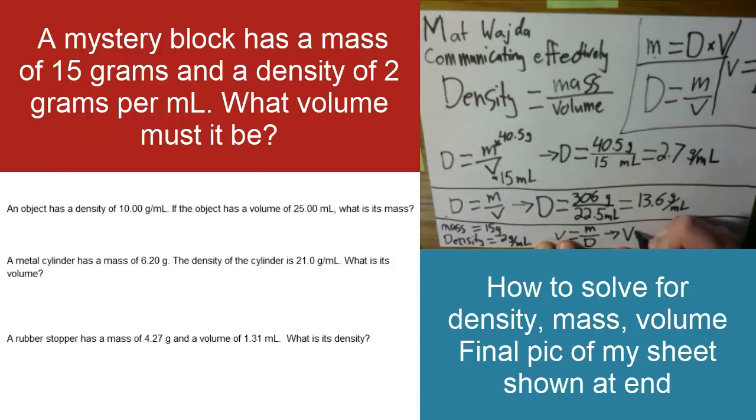So we have V equals 15 grams divided by the density. Density is 2 grams per milliliter. And this would give us 7.5.